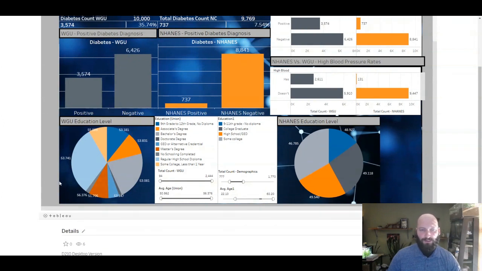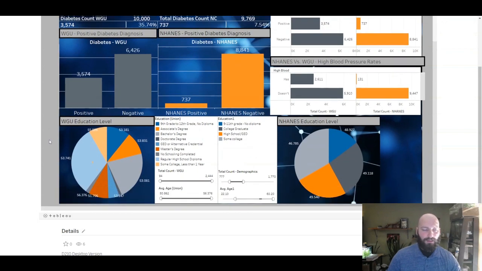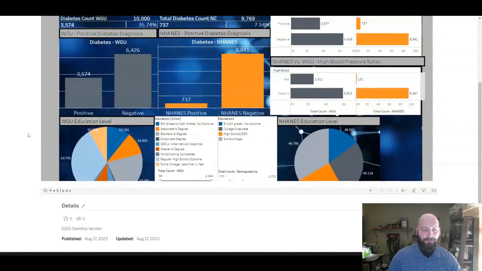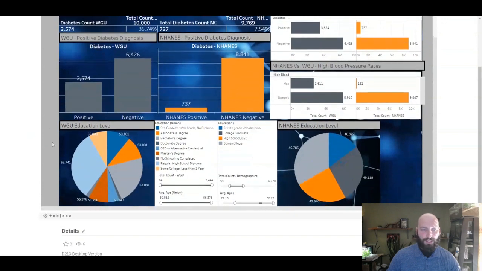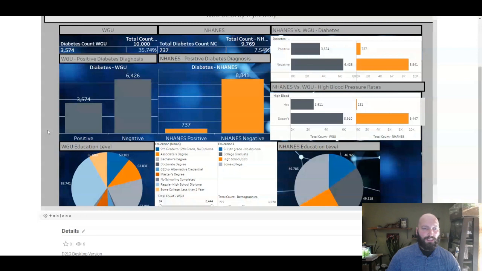And if you want to disregard the meta-analysis on both data sets, you could look at this: for the WGU data set, what our patients are going to look like are middle-aged with high blood pressure and will be diabetic.